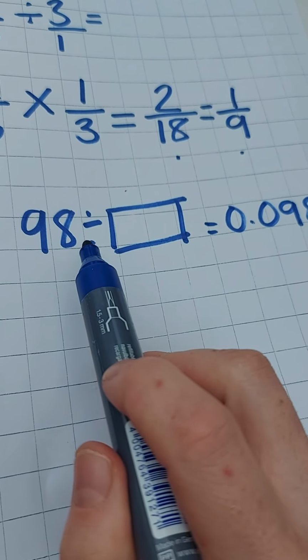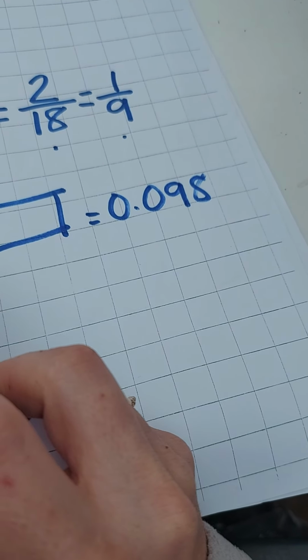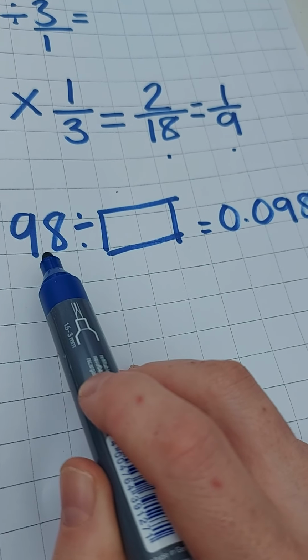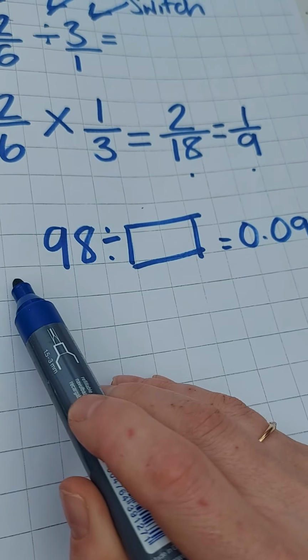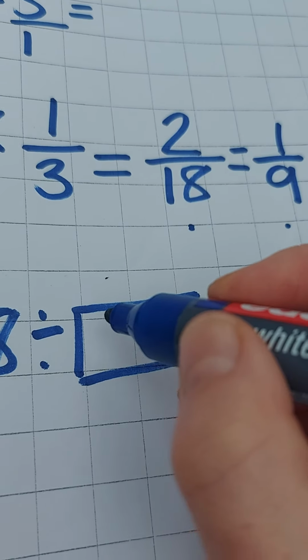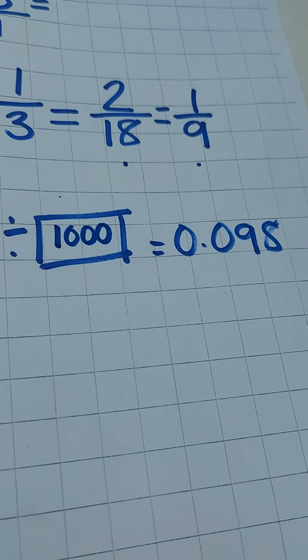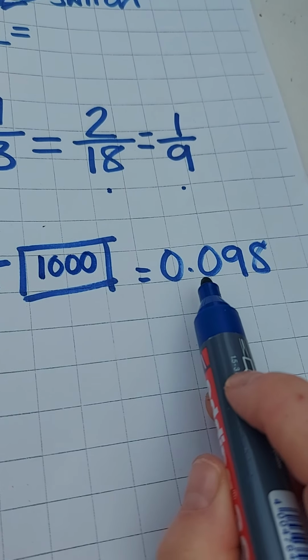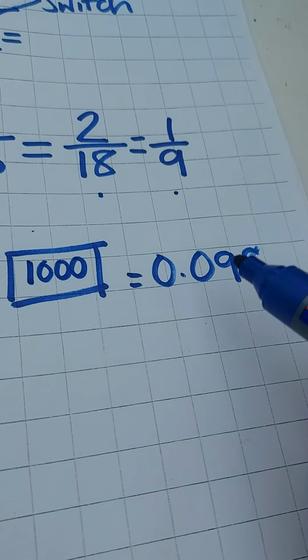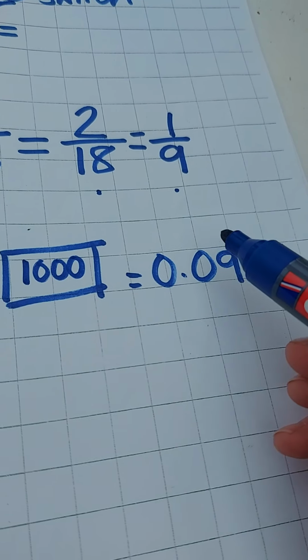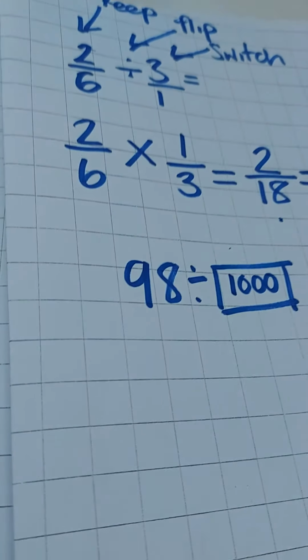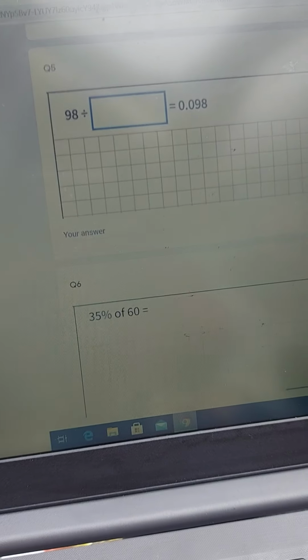Okay, so there's the decimal point. To get to that side, I would need to move it once, twice, 3 times. So I know the number that's got the 3 zeros in is the number 1,000, and that will get you the point, because 0.098 times 1,000, if I did the opposite, 1, 2, 3, would be the number 98. Okay, hope that helps that one.